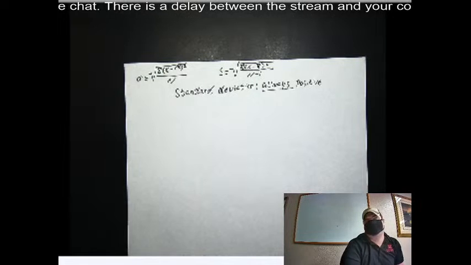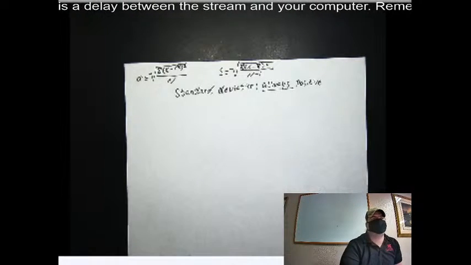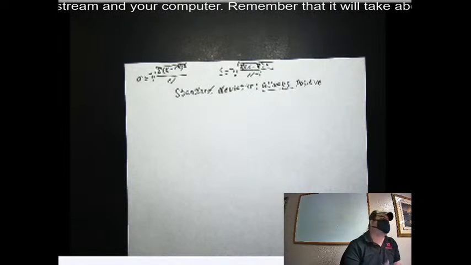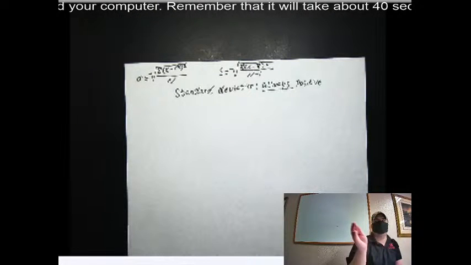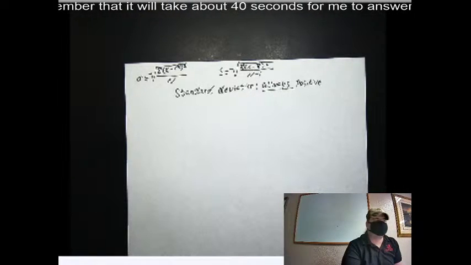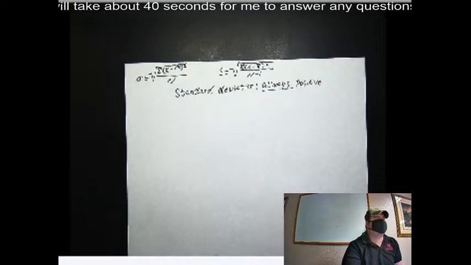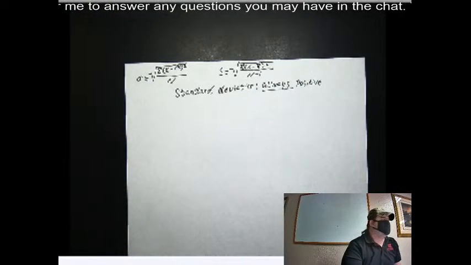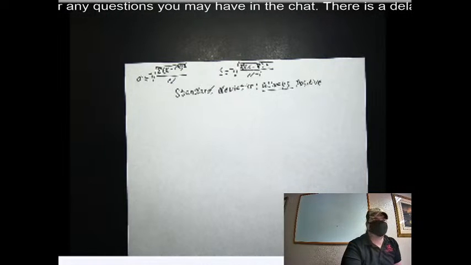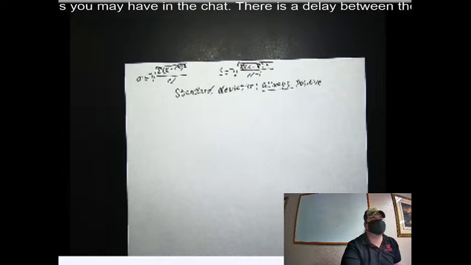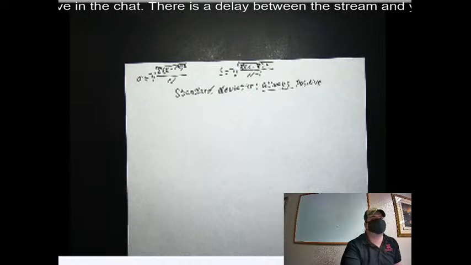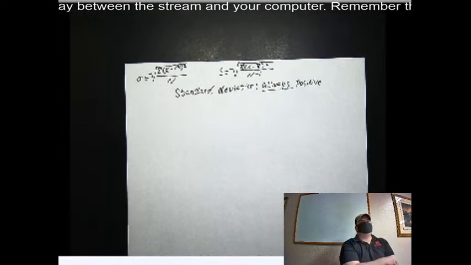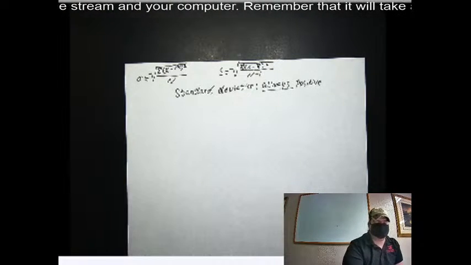Okay, so they are always positive, and that makes sense because, again, what I said was a standard deviation is a distance. It's a certain amount of distance from the mean. And distances cannot be negative. After all, think about it. If I were to say, well, the distance from this wall to that wall is negative 10 feet. Does that make any kind of sense at all? No. There's no such thing as negative 10 feet. Distances cannot be negative. Okay, so once again, standard deviation is a type of distance, and thus it cannot be negative.